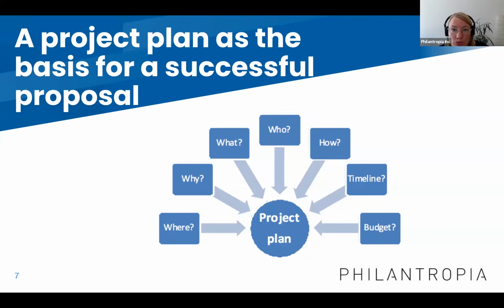Then you talk about who the project participants are, who is going to benefit from your program, your project, and who is going to work on it. Who are direct beneficiaries, indirect beneficiaries, all those terms that you know from proposal writing.